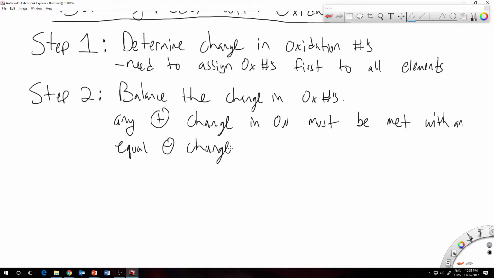So something might gain a +3 change, something else might gain a -2 change. Those don't really balance out, so we have to figure out a way to balance the change in oxidation numbers. This will usually involve a multiplication of both, so that the positive change ends up being equal to the negative change.